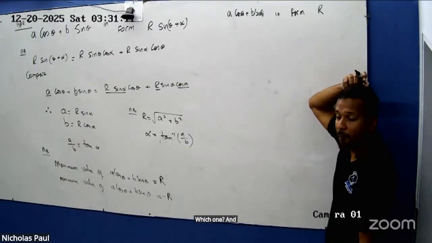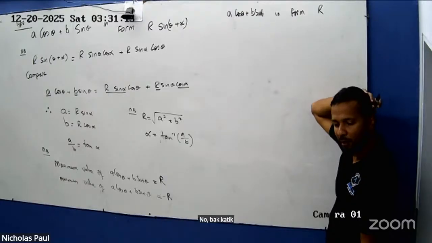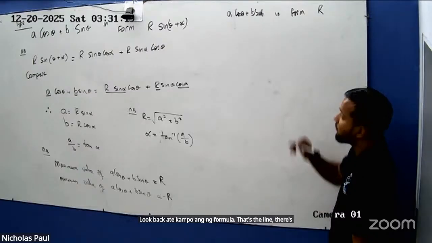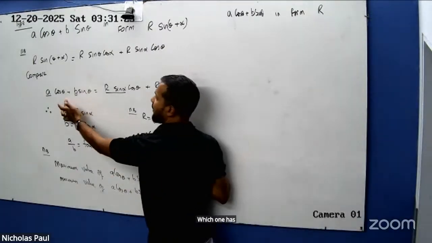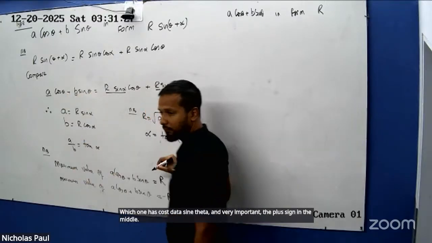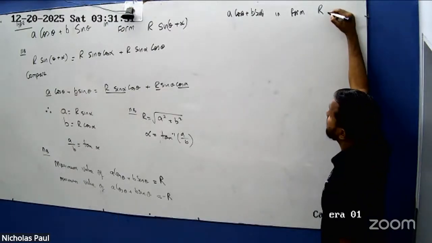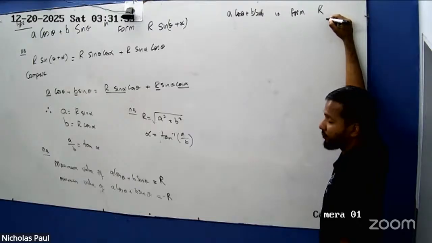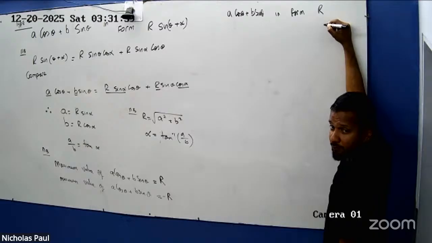Look back at the compound angles formula. Which one has cos theta, sine theta, and very important, a plus sign in the middle?